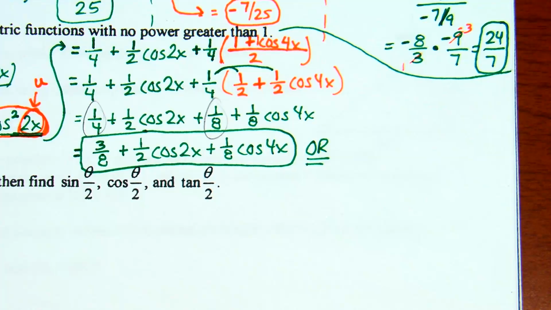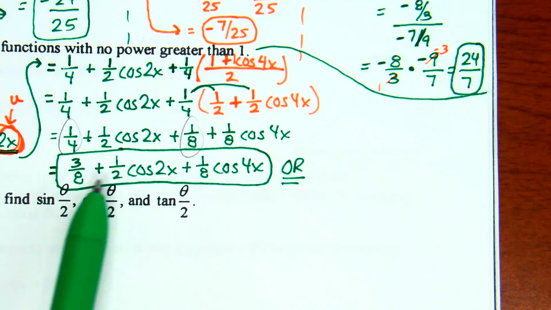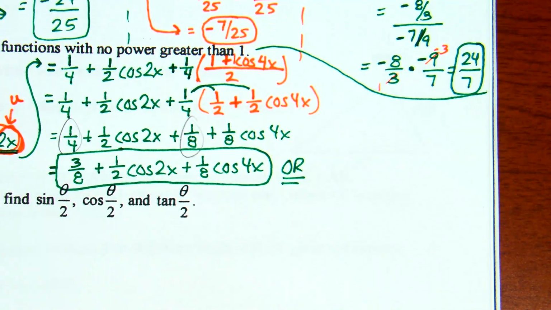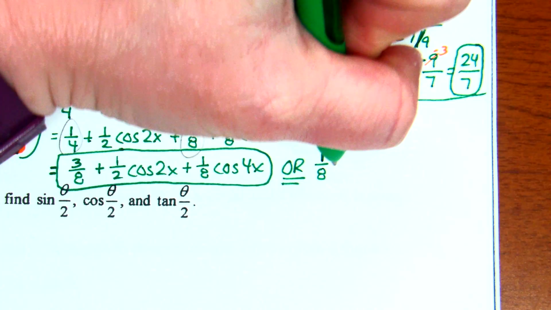What would be the common denominator between these three coefficients? A denominator of 8, yes? So if everything has a common denominator of 8, an equivalent simplification would be to factor out that common denominator of 8.